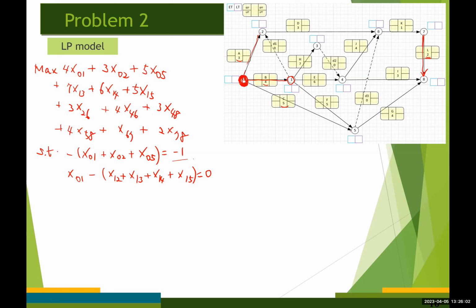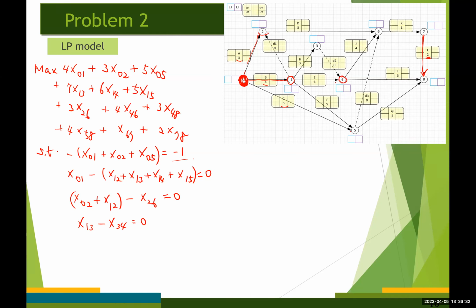Similarly, for event number 2, there are 2 inflows, but there is 1 outflow, right? x02, x12, right? Minus x26 equals 0. Event number 3, there is one inflow and one outflow, right? x13 minus x34 equals 0.